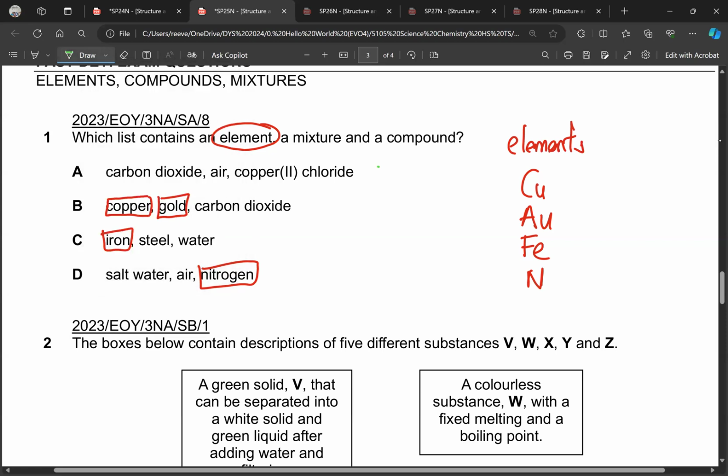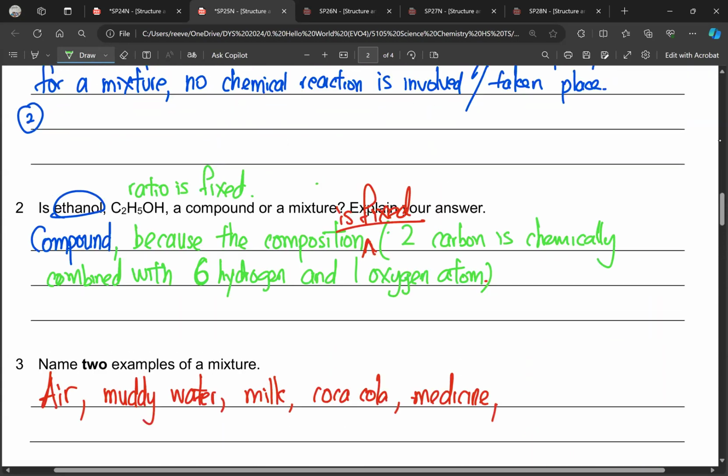What do we have next? Mixture. Okay, air is a mixture. This one is standard. I just told you already. Air is a mixture. What else is a mixture? Fuel is a mixture. Yes. How do I know? It's in the notes. Where is it?